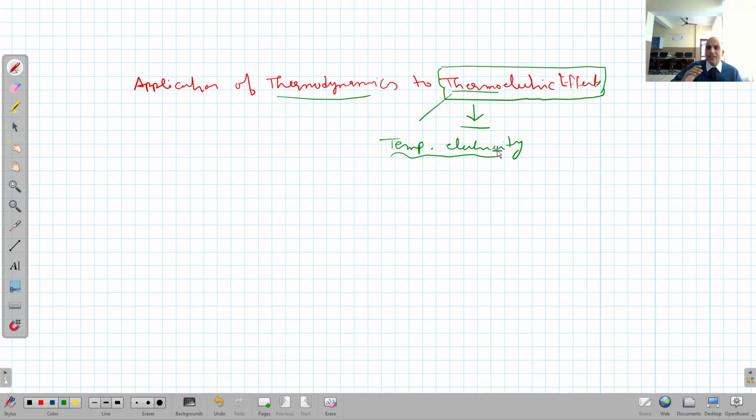These thermoelectric effects were first studied by Thomas Seebeck, who was a German physicist, in 1821. The effect that Thomas Seebeck studied is also known as the Seebeck effect, right?